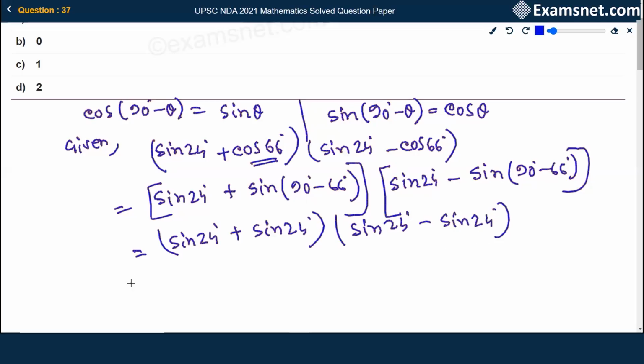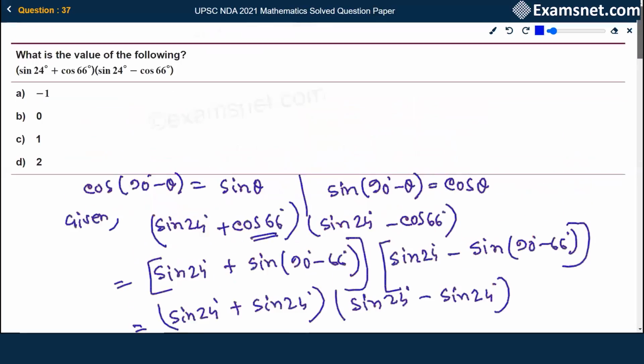So sine theta minus sine theta will give us the value 0. So 0 multiplied by something again will give us the value 0. So 0 is the value for this expression. Option B is the correct answer.